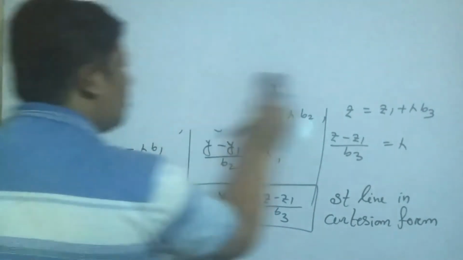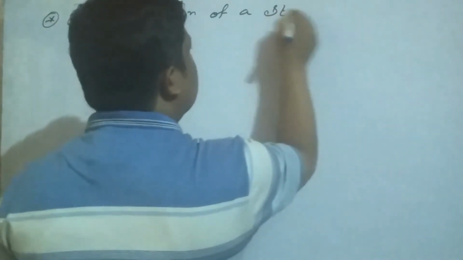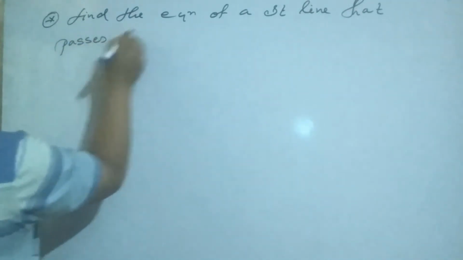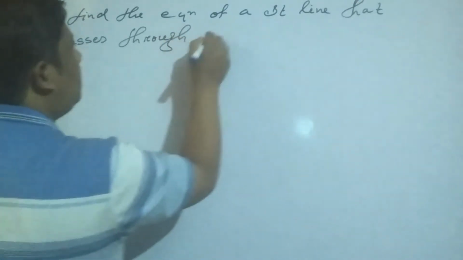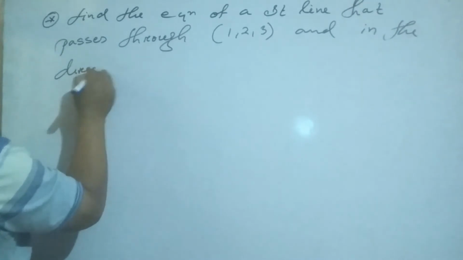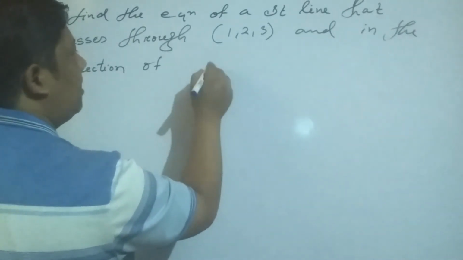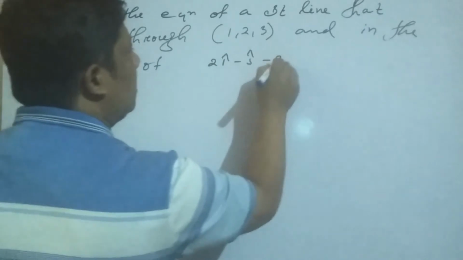Next, suppose a question is given: find the equation of a straight line that passes through 1, 2, 3 and in the direction, suppose the direction vector is given, 2i minus j minus 3k.